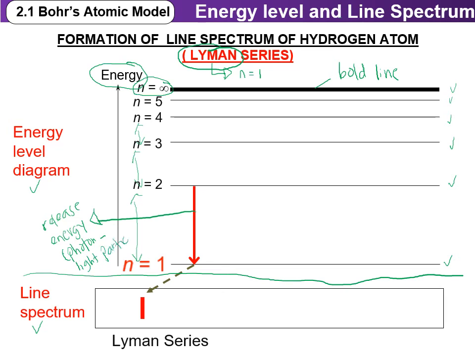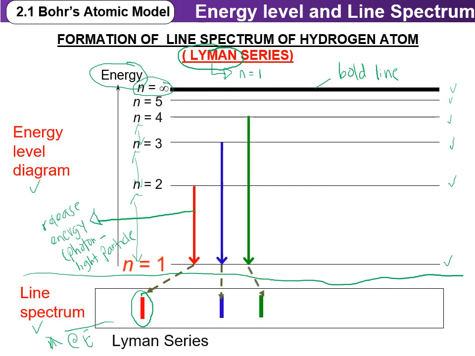There, you can measure either the wavelength or the energy. This line is produced when the electron is dropping from n equal to 2 to n equal to 1. Let's say there is another electron dropping from n equal to 3 to n equal to 1, there will be another line.